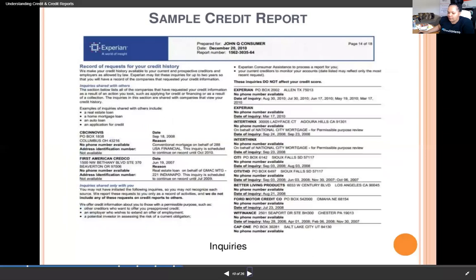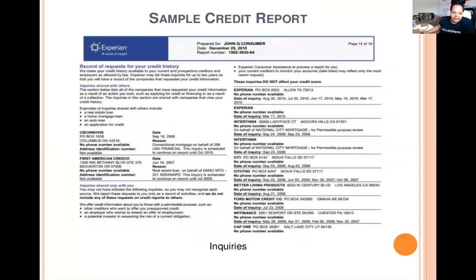All right, credit inquiries. Credit inquiries list all parties who have accessed your credit report within the past 2 years. While your version of the credit report lists several credit inquiries, not all of these will appear on the creditors' versions.